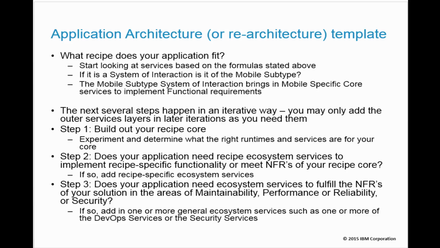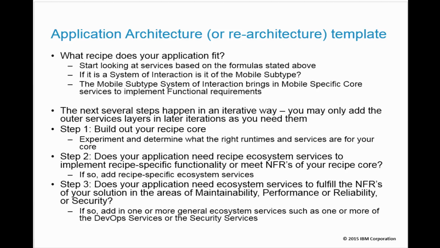The first thing you want to understand is what recipe your application fits into, and then what subtype out of the different subtypes it fits into. That's going to help you understand the basic set of services that you're going to need to implement your application. Then you build the next set of things out in an iterative way, and you only add those outer two layers of services in later iterations as you need them.